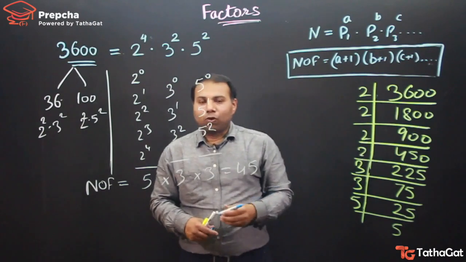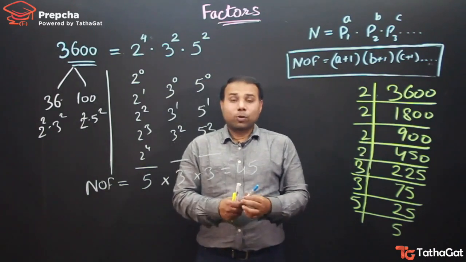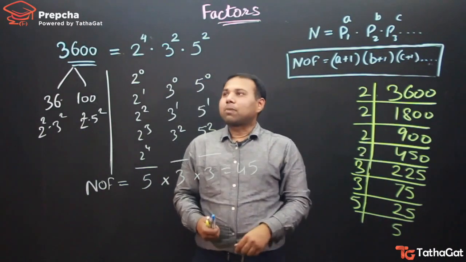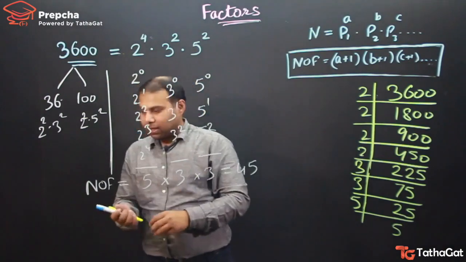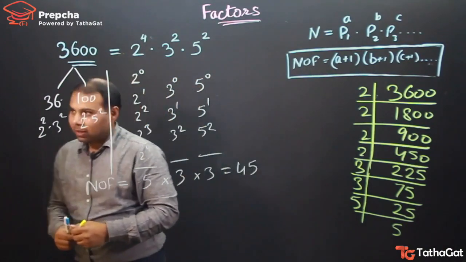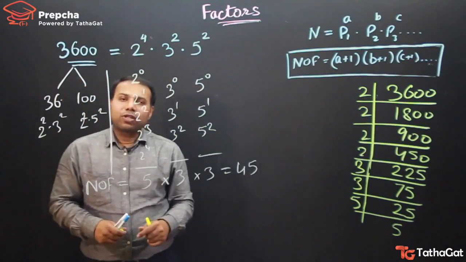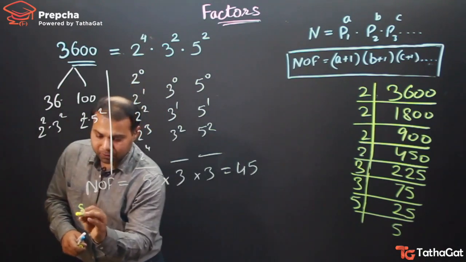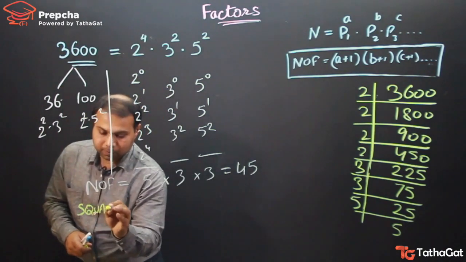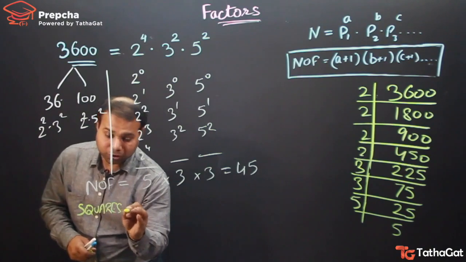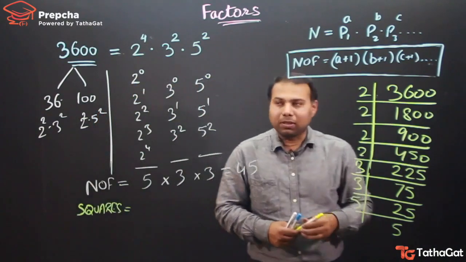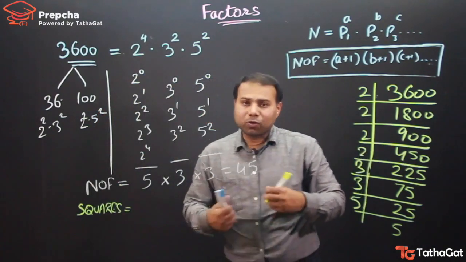Alright, so whatever questions we get, they sometimes have specific constraints. For example, for the same number 3600, if I want to calculate the factors of this number which are perfect squares. So the question goes like this: how many factors of this number 3600 are there which are perfect squares?